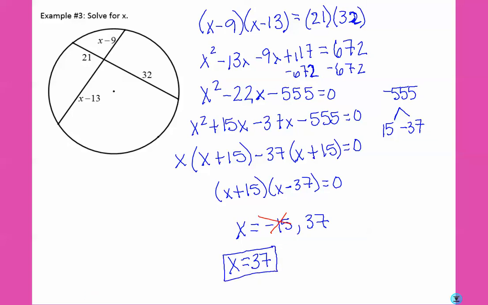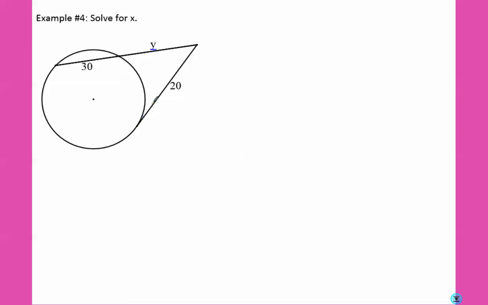And for our final example, we've got a line tangent to a circle and a secant with a circle. So we're going to square the tangent piece. And then for this part, we do the outside times the entire thing, which would be y plus 30.